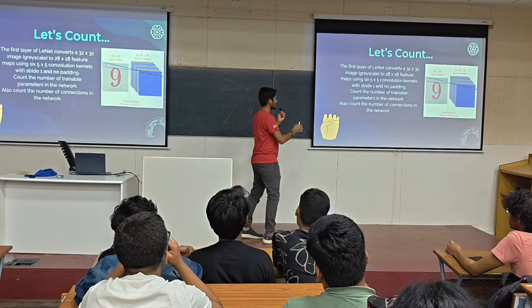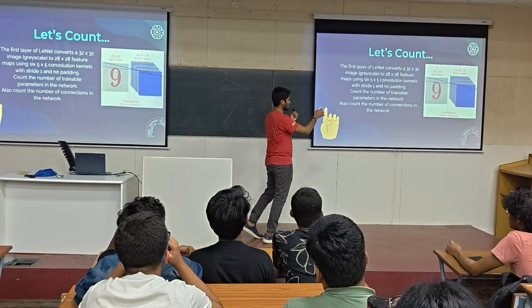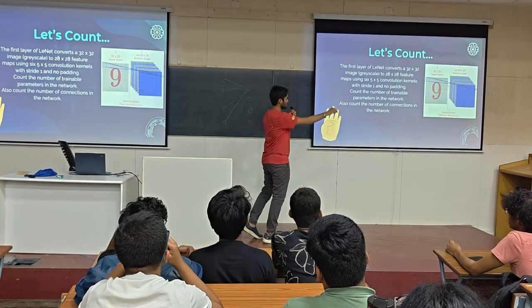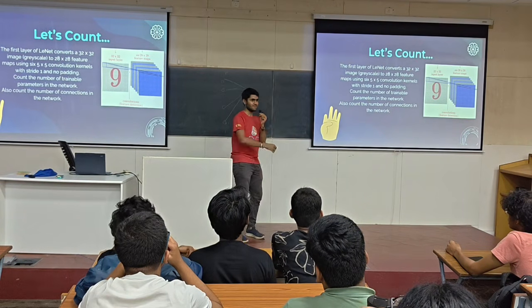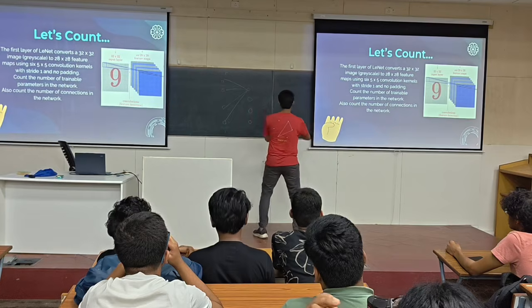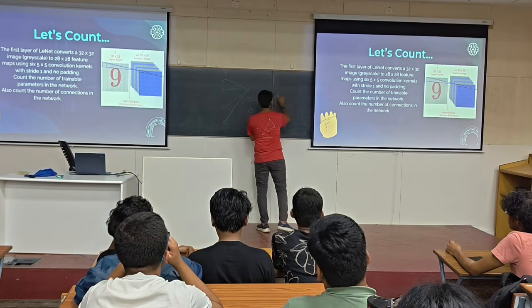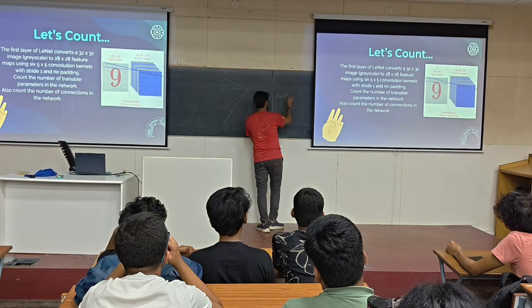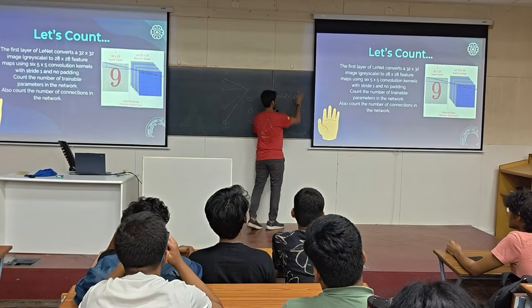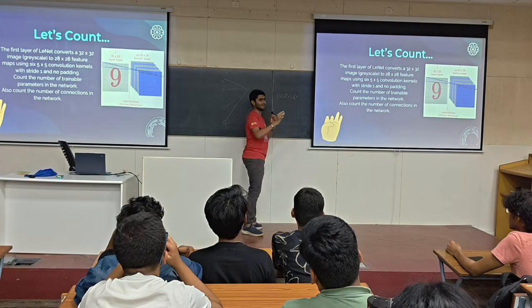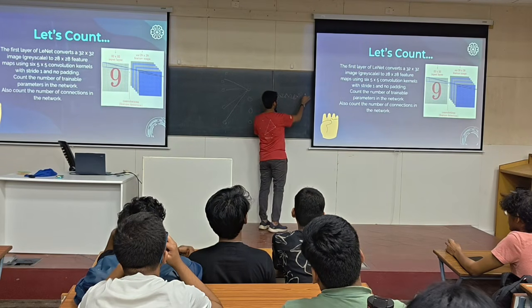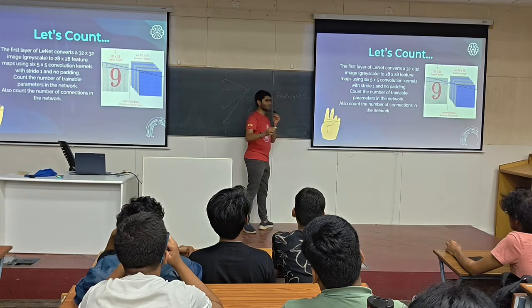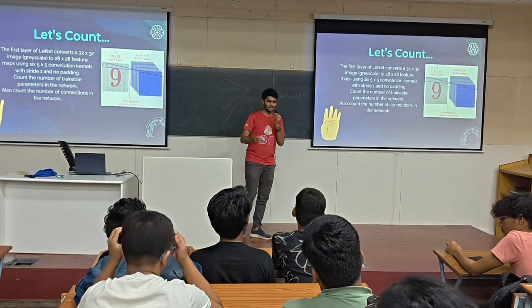And we have 28 cross 28 such neurons, 28 cross 28 outputs, and 6 of them. So 6 into 28 into 28 into 25, or it depends if you consider bias to be a connection or not.